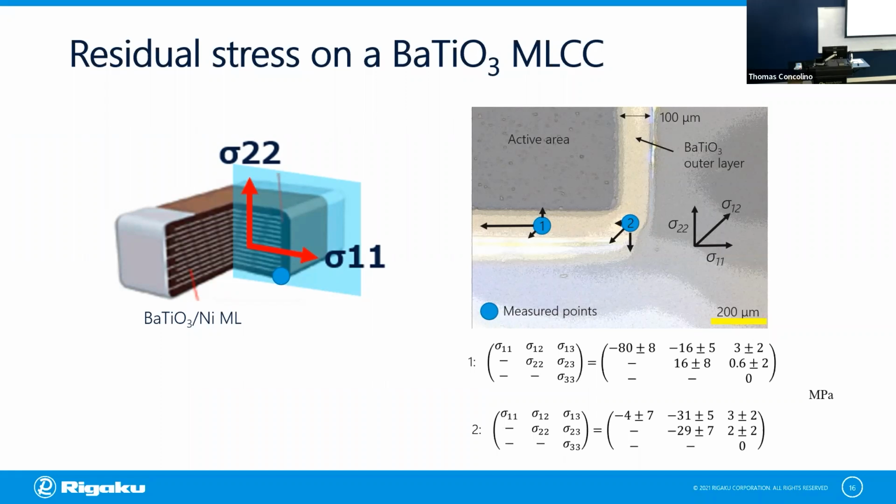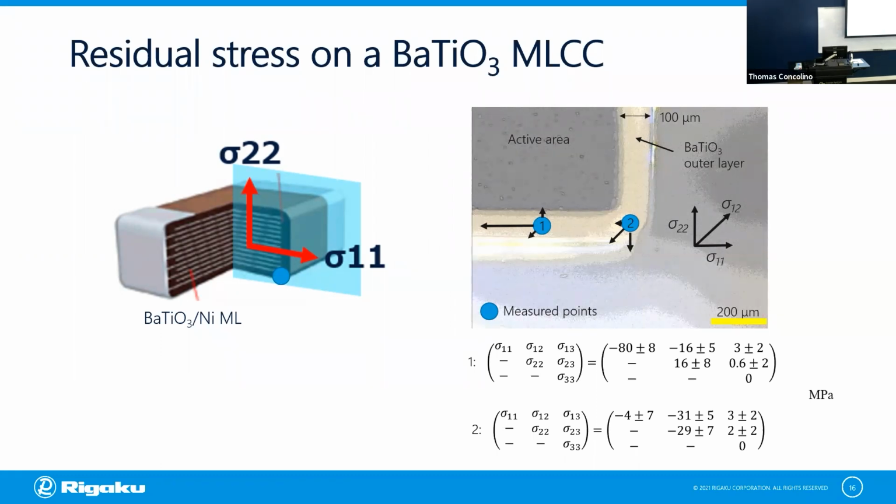That's why the arrow is heading toward the left, and the length of the arrow is approximately proportional to the residual stress. What we found is quite a large compressive stress at place number 1 along the X direction, while the shear stress 1, 2 is also negative and 2, 2 was positive. We found a kind of small stress there.